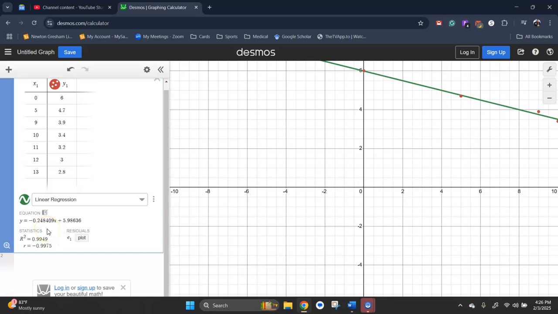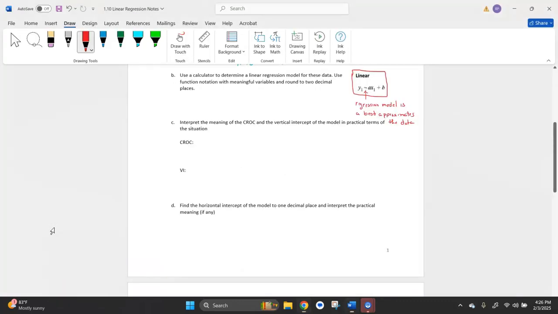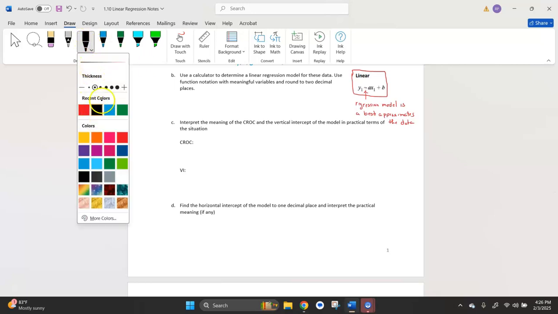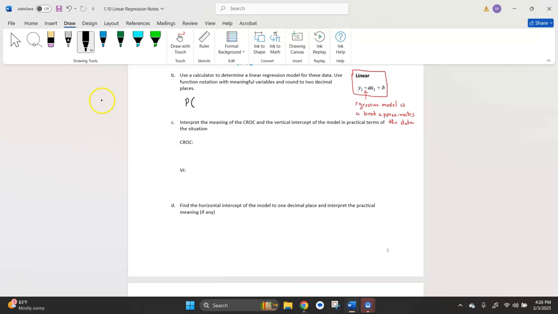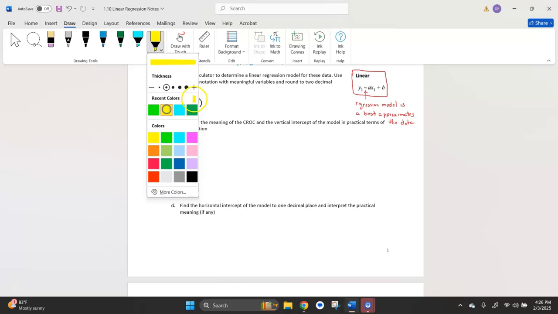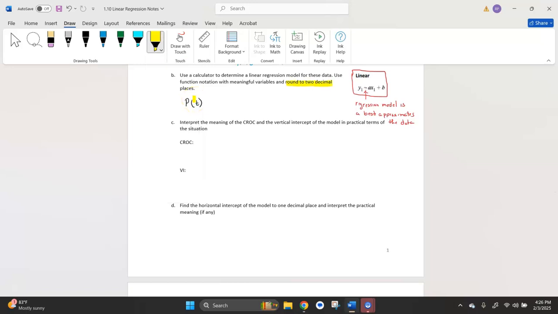So we're going to go ahead and round our function to 2 decimal places. We know that our function is P of t, and rounding to 2 decimal places, we have P of t equals negative 0.25t plus 5.99.